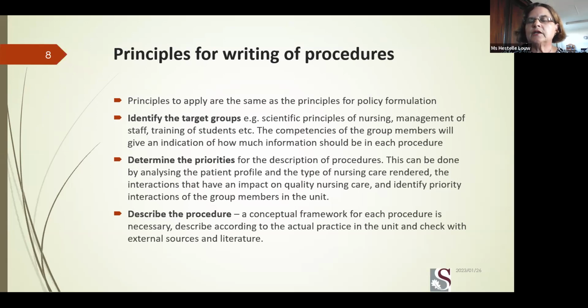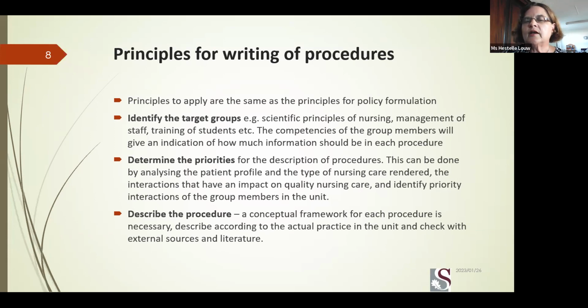And then you must also know the competencies of the group members that the SOP is being created for. You look at the competency of the members, and it will give you an indication of how much information they need in that procedure.